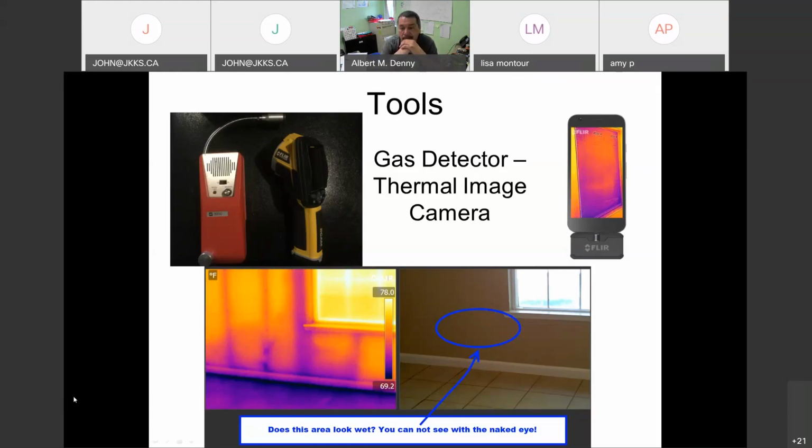You can see here in the picture to the left, the thermal image, those are wood studs. But it looks like a different color to it, which means moisture traveling through and possibly bypassing the window. The moisture condensing, falling down here and getting wet to the base floor area, and so on. So just to give you some idea.